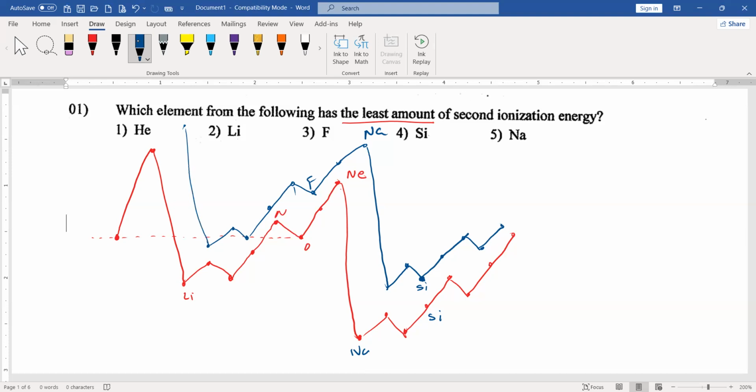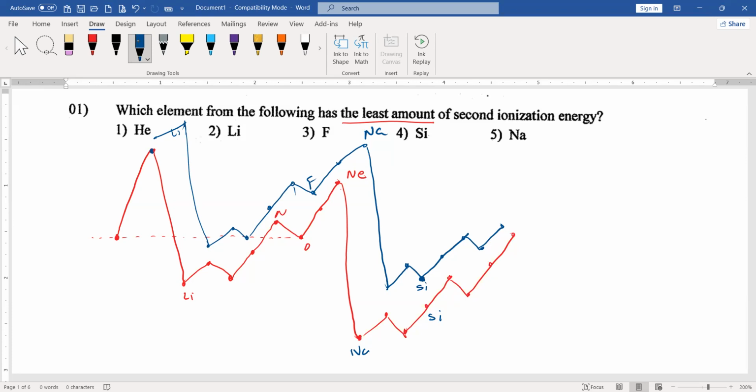Like this. So lithium, then helium, maybe here. Like this. The second ionization energy of any element is greater than the first ionization energy of the same element. Therefore, we can now clearly see that the silicon has the least.